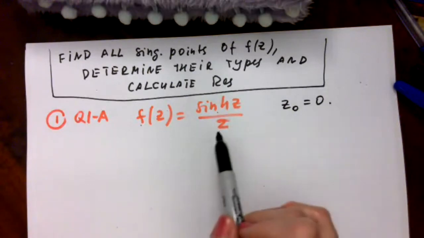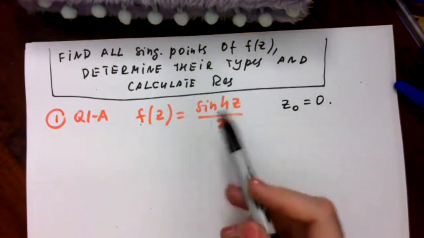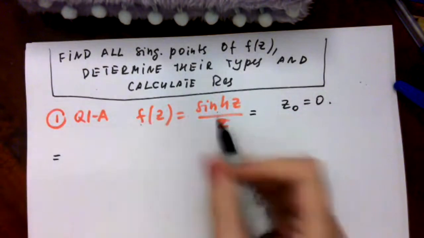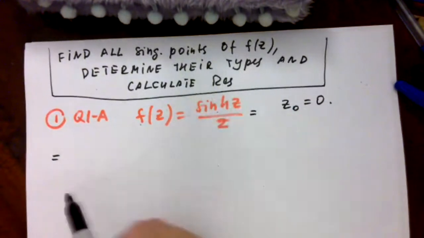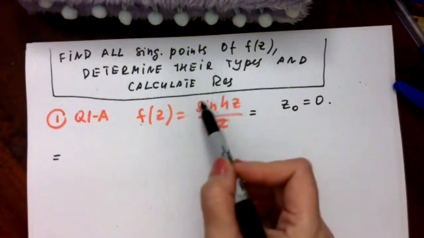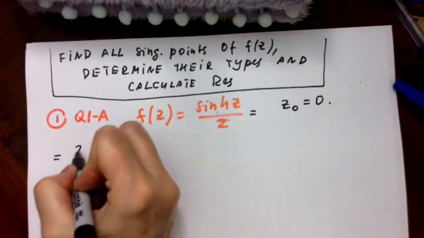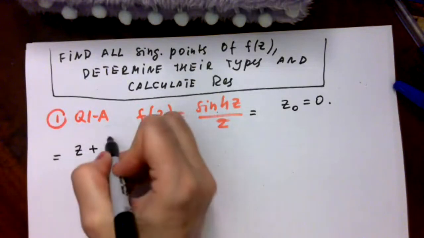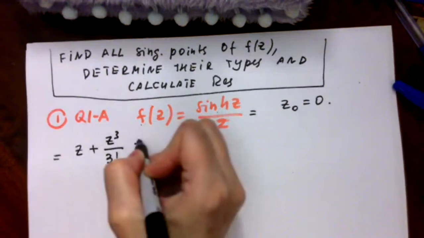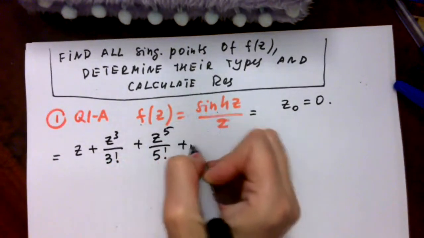Okay, it means that we need to expand our function in powers of z. But it's very convenient, we already recognize this function. It's in our list of canonical expansions. So all we need to do is substitute this expansion, this formula, instead of the numerator, and see what happens next. This canonical expansion looks like z plus z cubed divided by 3 factorial plus z to the power of 5 divided by 5 factorial and so on.